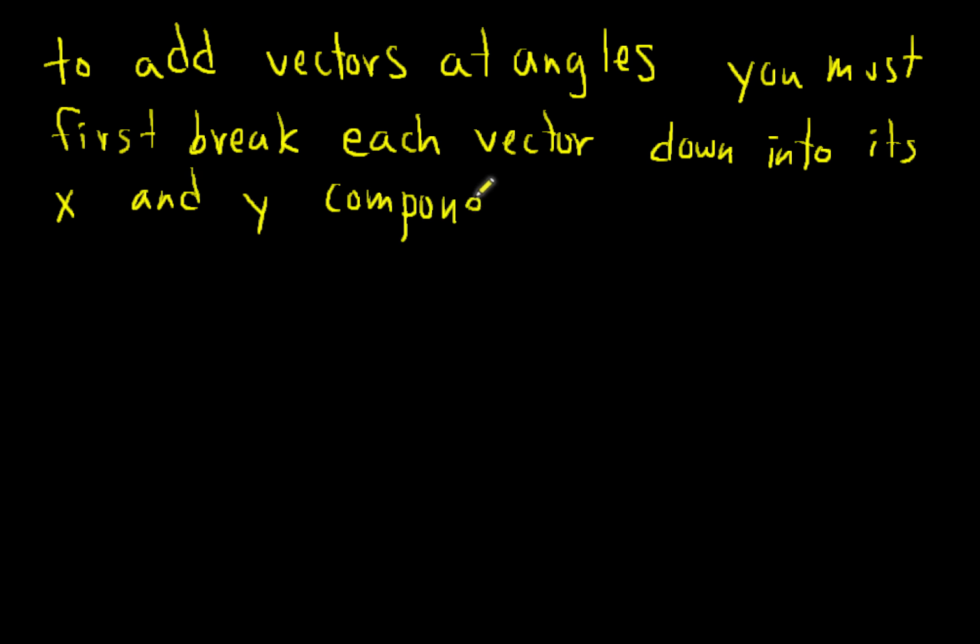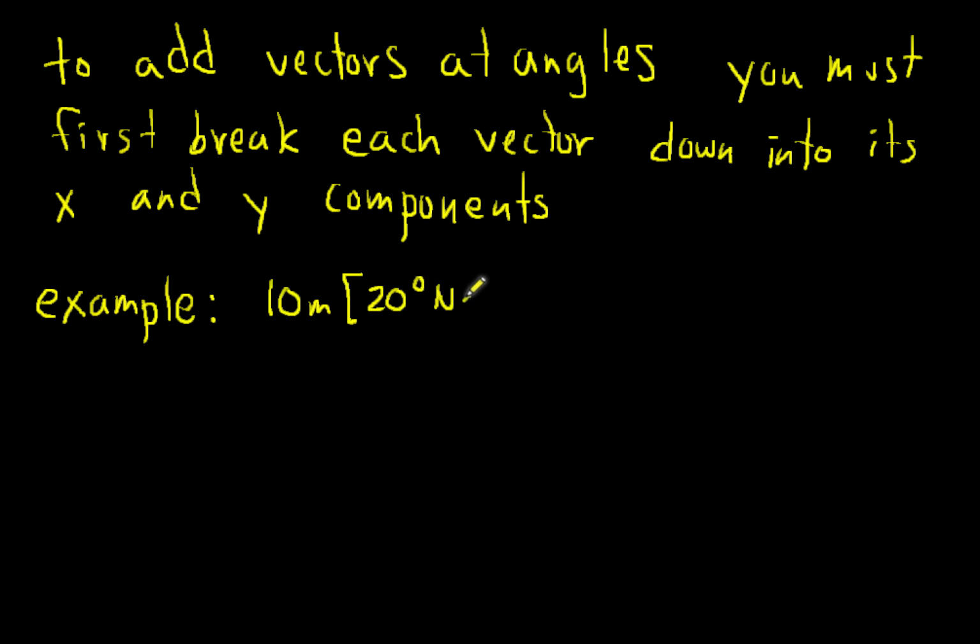I'm going to show this whole method with an example, so that you can see how it's done mathematically as we go through it. We're going to use the vectors 10 meters at 20 degrees north of west, plus 15 meters at 30 degrees east of north.